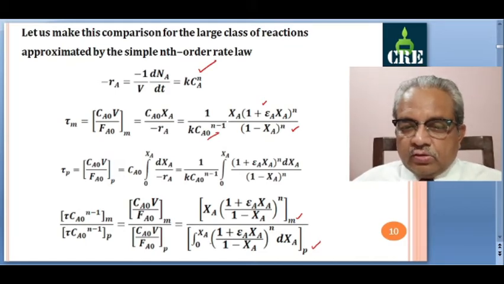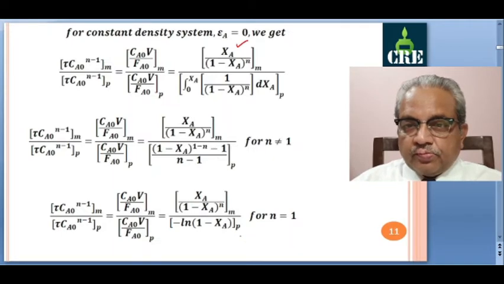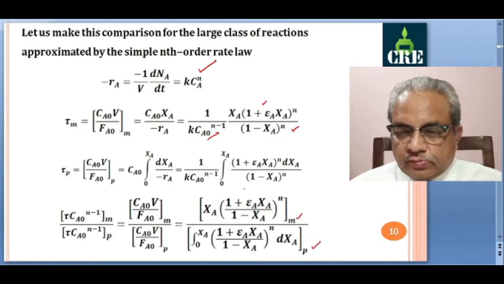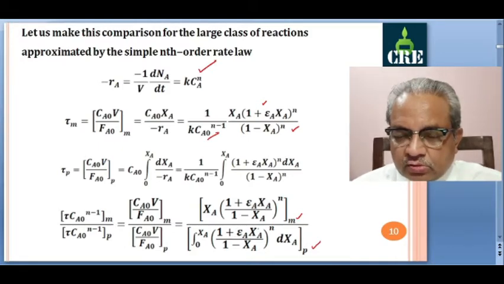Here the same term as it is, Xa. What do we have here? This epsilon A we are considering 0, so this into Xa is 0. So 1 by (1 minus Xa) raised to n we get.